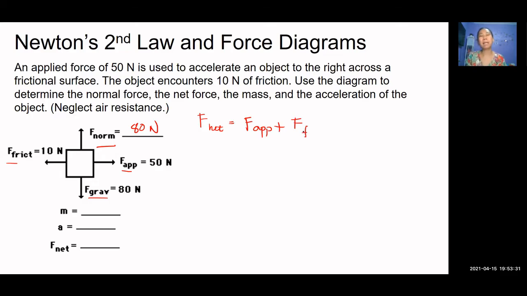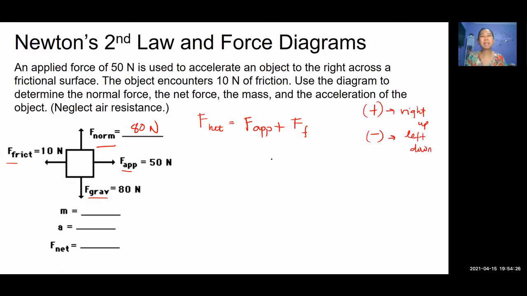So remember, kapag nag-a-add tayo ng mga forces, ang mga forces ay vector quantity. So that means kailangan natin gumamit ng sign convention. Positive ang gagamitin natin kapag ang movement ng object natin is to the right or it is going upwards. And then negative kapag ang movement natin is going to the left or it's going downward.